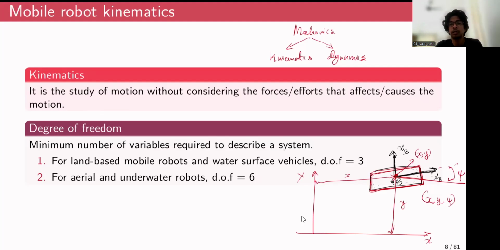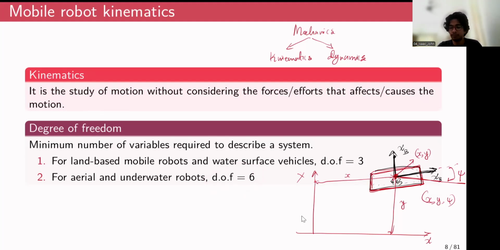So in total, you require 6 degrees of freedom for aerial as well as underwater modes. That is the first term that we have defined in this course. We call it the degree of freedom.